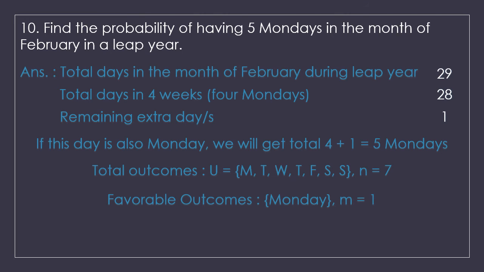So the favorable outcome here is 1, out of the total 7 different options which could be there for a single day. So the probability here will be favorable upon total, that is 1 upon 7. So the probability that there will be 5 Mondays in the month of February during a leap year is 1 upon 7.